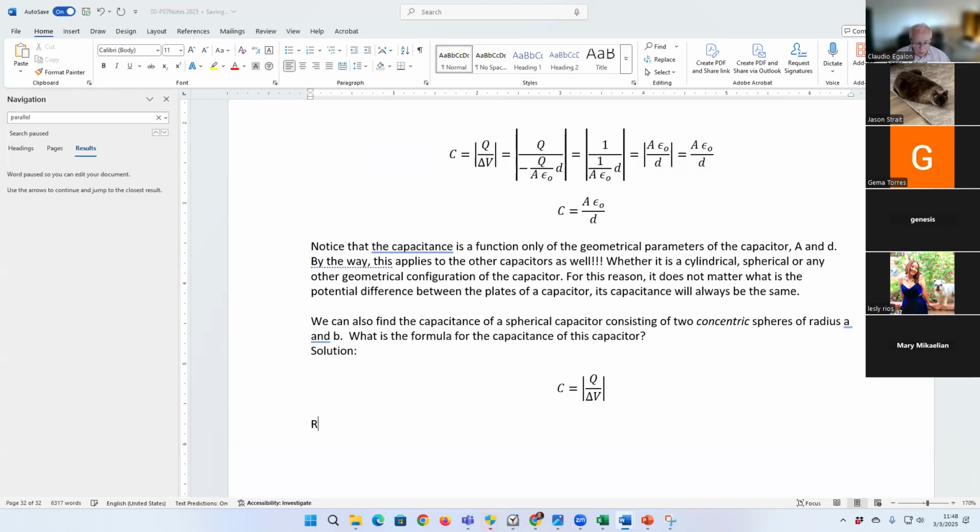Okay, recall that for a spherical charged shell, the electric potential inside it is zero.